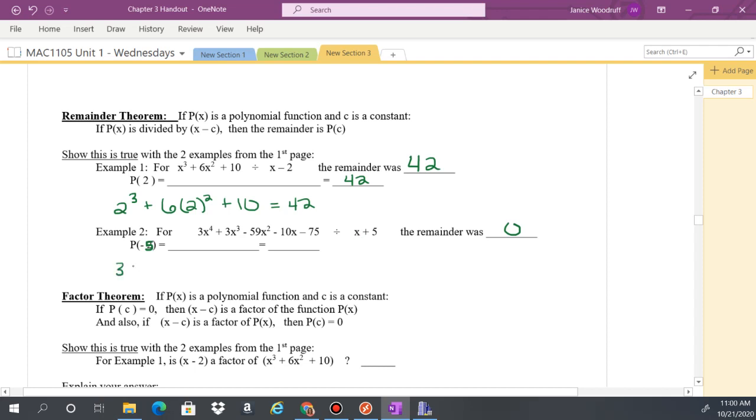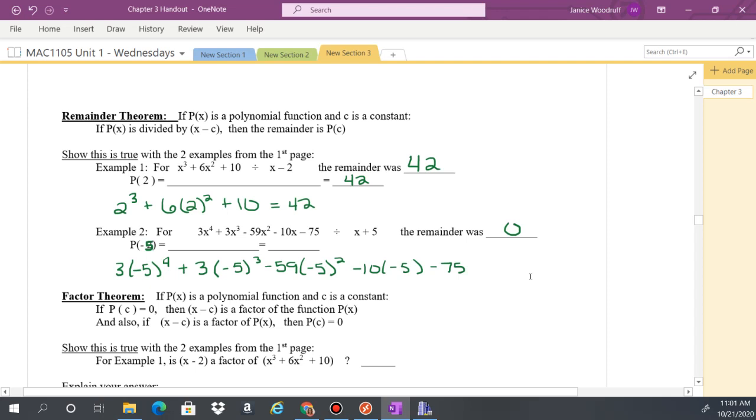So 3 times negative 5 to the 4th plus 3 times negative 5 cubed minus 59 times negative 5 squared minus 10 times negative 5 minus 75.